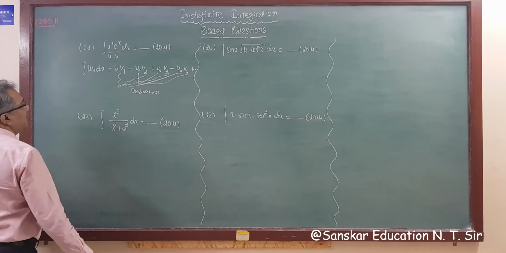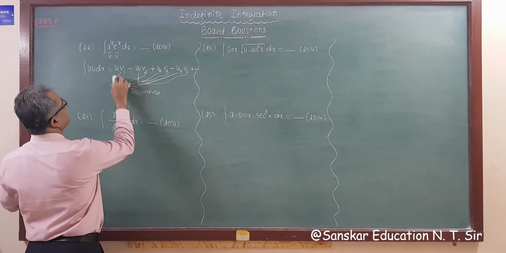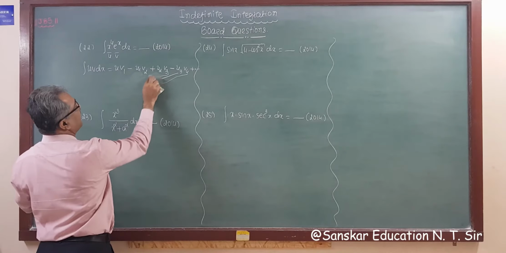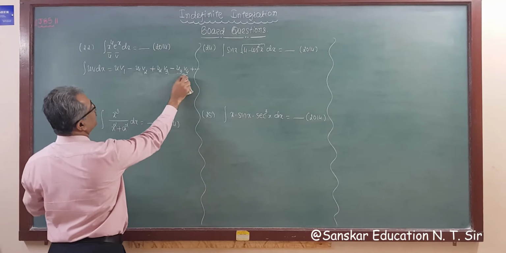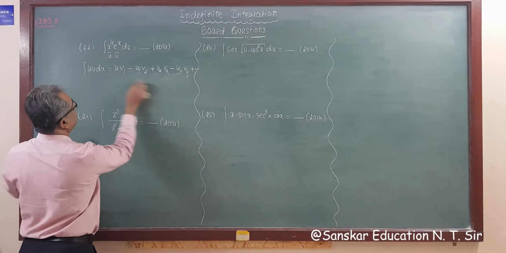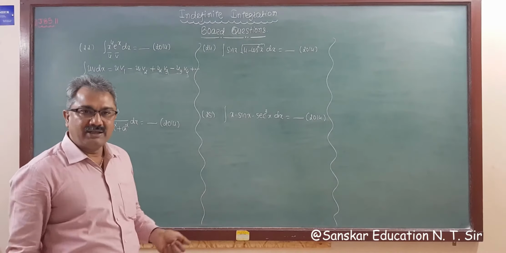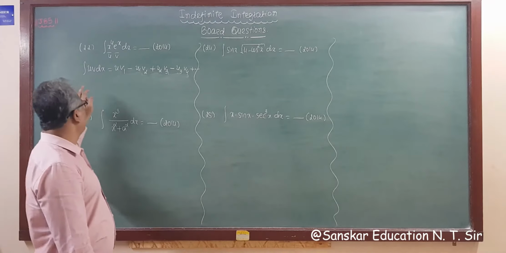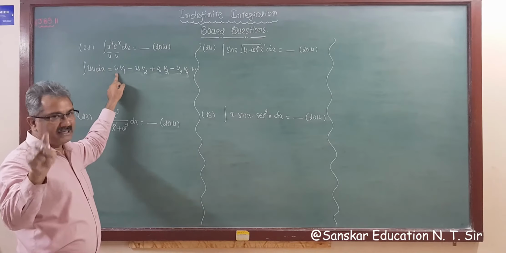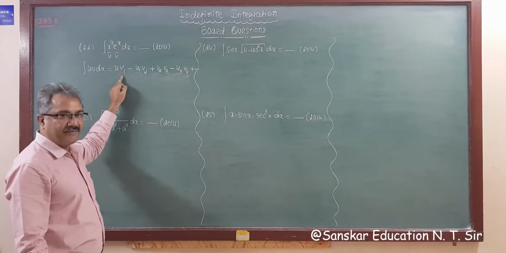So u and v you have to decide, as we did in the earlier example, according to the LIATE rule. Then integral of v dx, instead of that I am writing here v1.